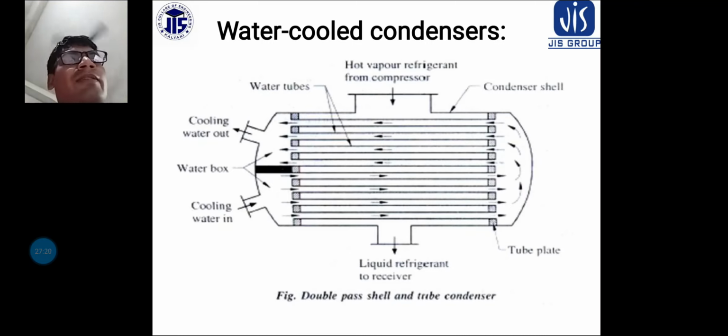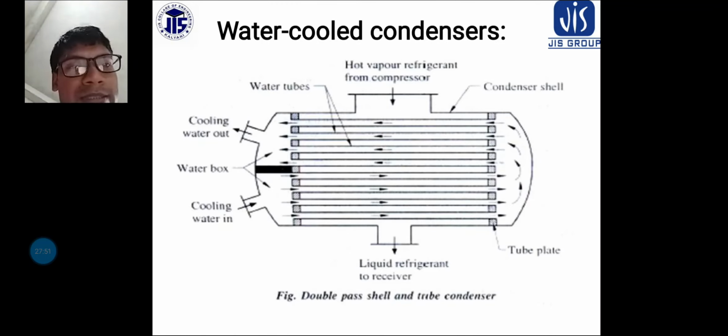But in natural convection there is no fan used, it cools down naturally. Next is number 10, flexibility. In a water cooled condenser the flexibility is low, but in an air cooled condenser the flexibility is very high. Next, the application.